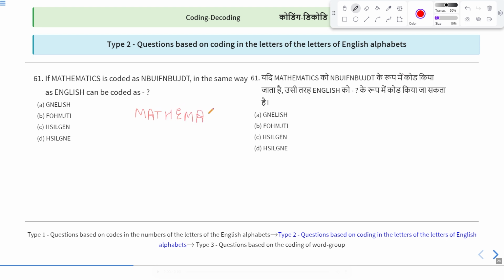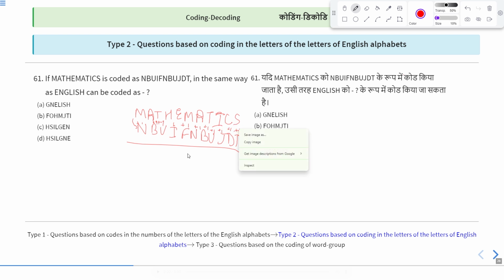This becomes M plus 1, A plus 1, T plus 1, H plus 1, E plus 1, M plus 1, A plus 1, T plus 1, I plus 1, C plus 1, S plus 1.